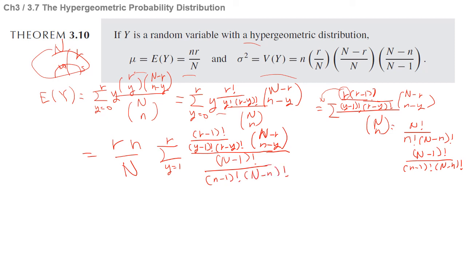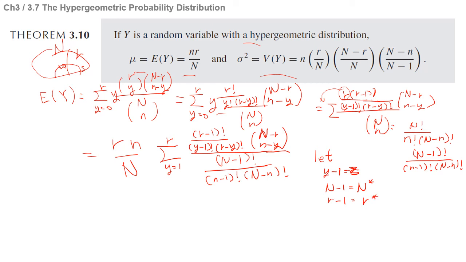Okay, and here let y minus 1 be z, and N minus 1 be N star, and r minus 1 be r star.